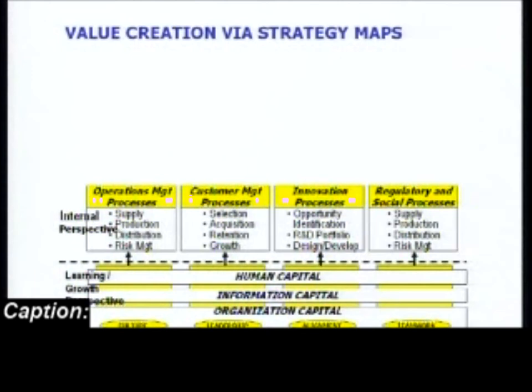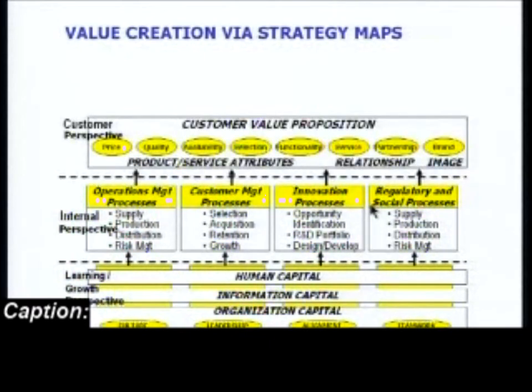That feeds up into the internal perspective, and you can see here arrows feeding from the learning and growth perspective into parts of the internal perspective: the operations management processes, customer management processes, innovation processes, and regulatory and social processes.